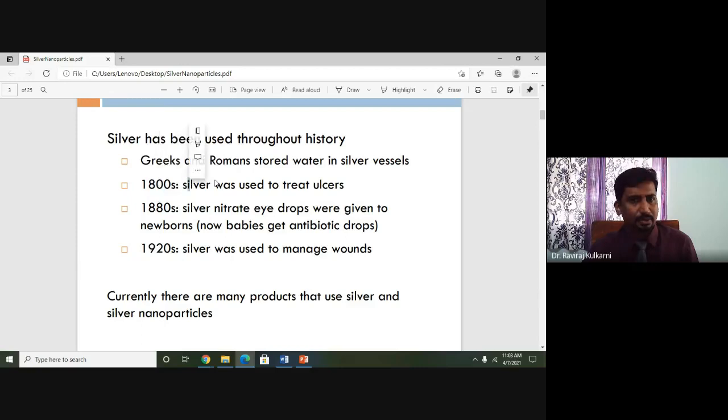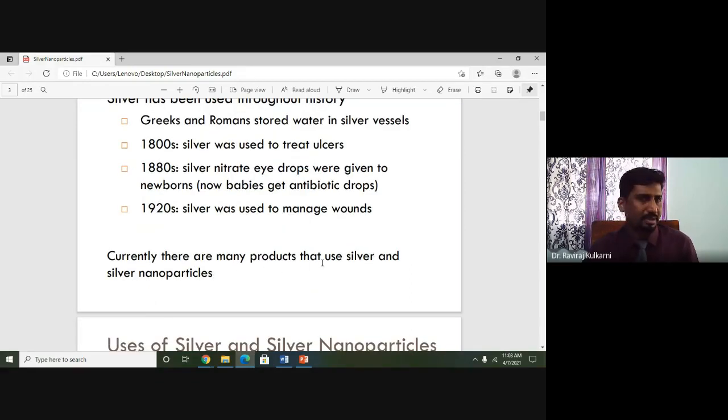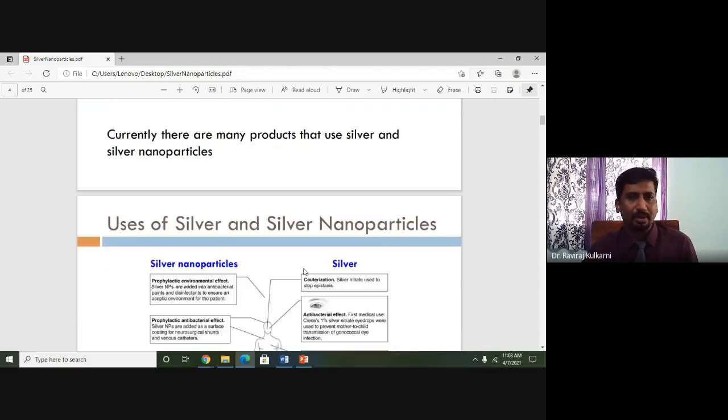In 1800, silver was used to treat ulcers. In the 1880s, silver nitrate eye drops were given to newborn babies, like antibiotic drops. Silver is an antibiotic. In the 1920s, silver was used to manage wounds. Currently there are many products that use silver and silver nanoparticles.